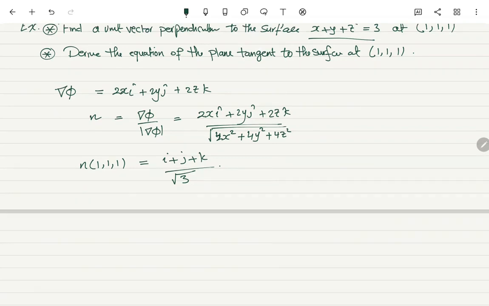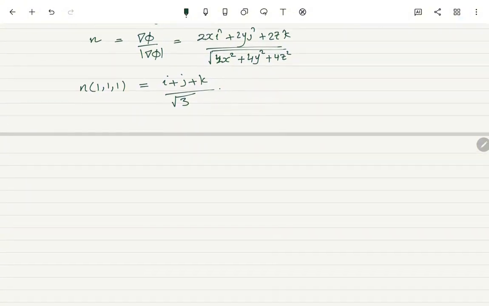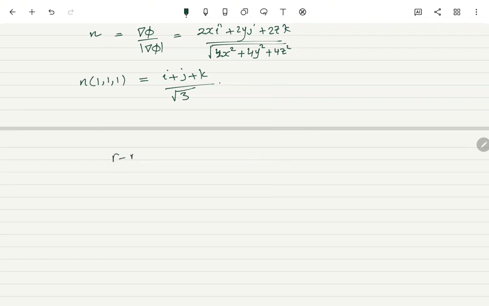To derive the equation of the plane tangent to the surface at the point (1, 1, 1), let's define r minus r prime, where r is the position vector: x minus 1 i plus y minus 1 j plus z minus 1 k. Now n is the normal at the point (1, 1, 1), which is given right here.